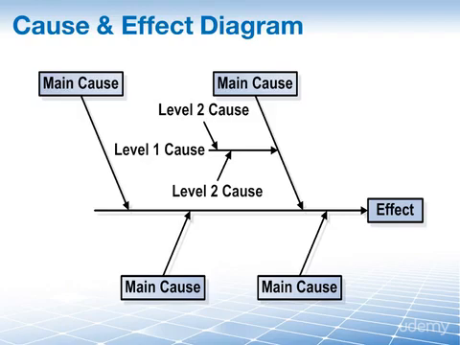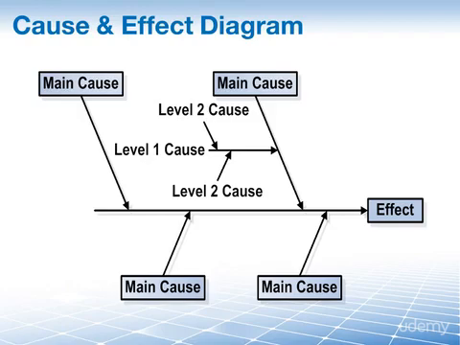These diagrams show your effect on the right-hand side and your potential causes feeding into this from the left. They will enable you to illustrate how these potential causes may be linked to the problem that you see on the far right. For instance, have you ever had a problem?